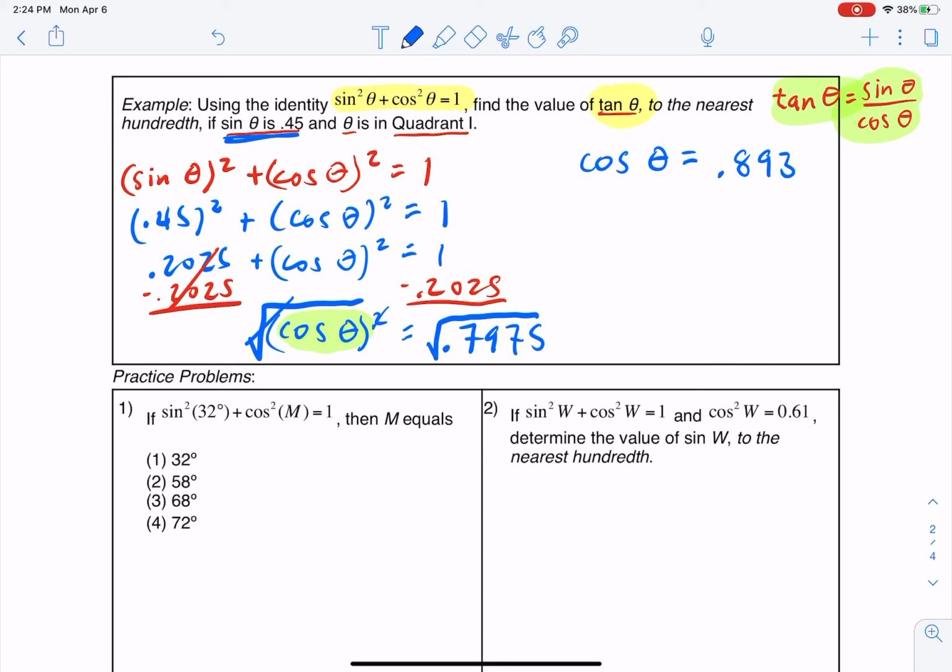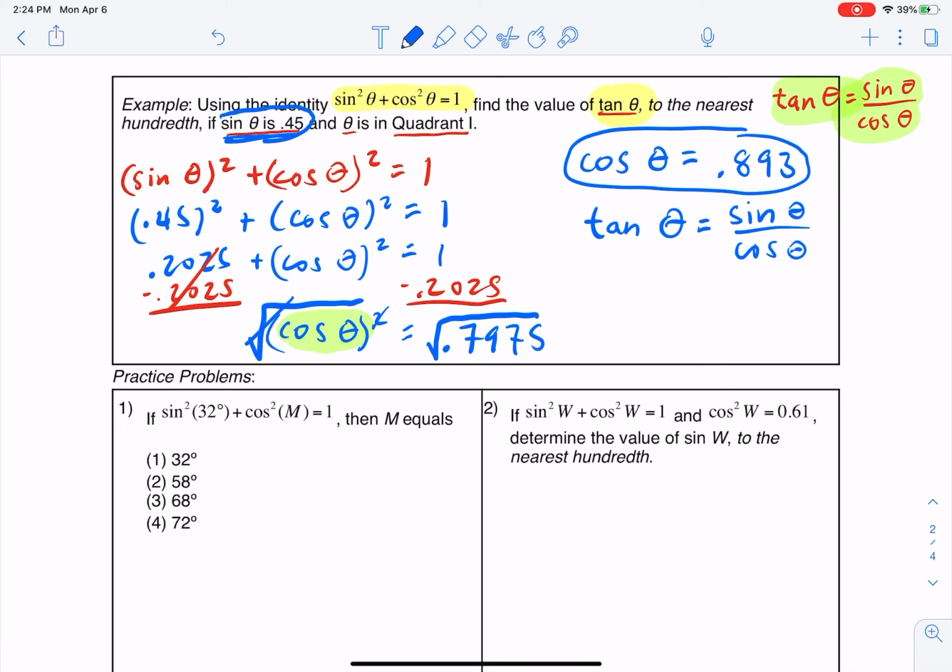But remember, we're really asked to find what is tangent of theta. And tangent, remember, is your sine value over your cosine value. So we're going to take that cosine value we have here, take that sine value we have here, and input that into this equation. So tangent of theta is 0.45 over 0.893.